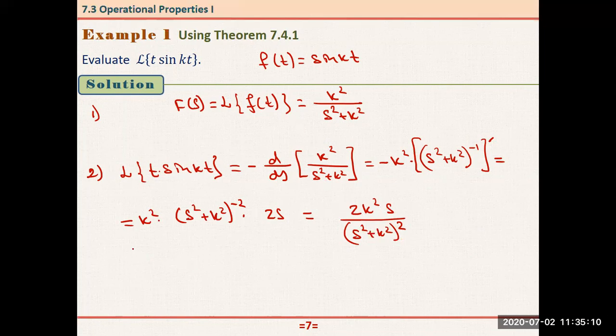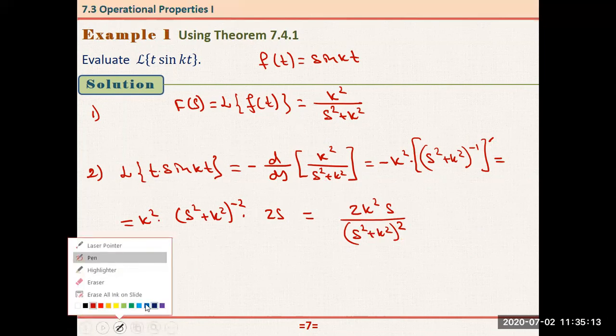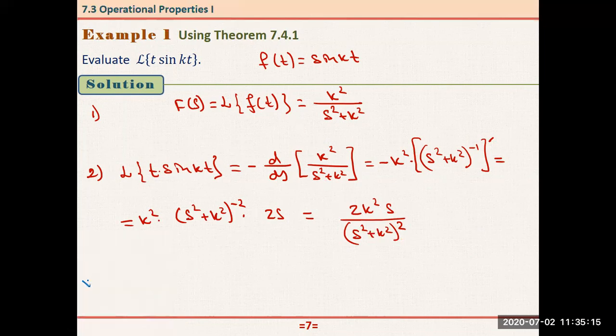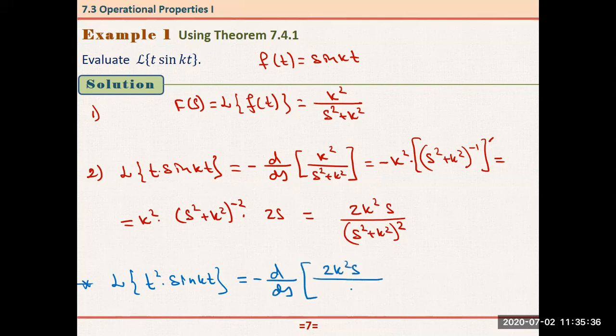And how about if we need to find, for example, another question, let's say you need to find the Laplace transform of t squared times sine of kt? That's equal to minus d ds, I have to differentiate this once. That is 2k squared s over s squared plus k squared, all squared, right?